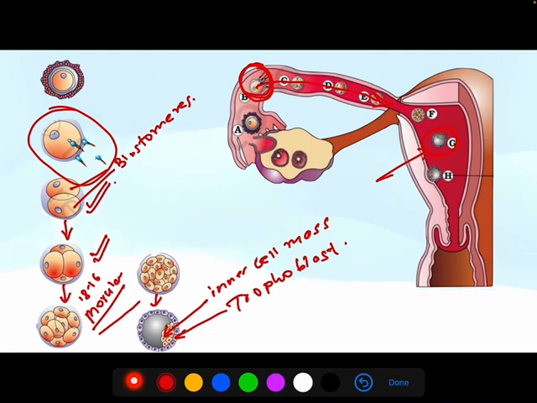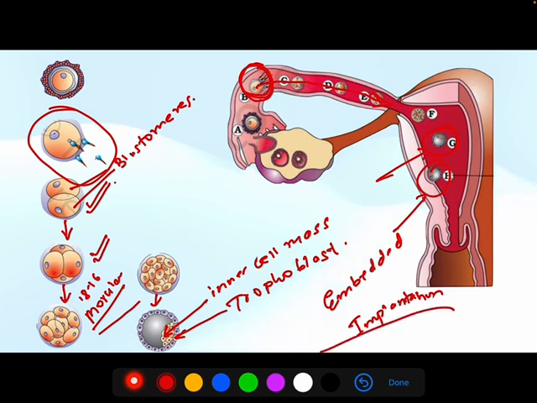Then the blastocyst gets embedded in the uterine tissue, and this is called implantation. Once this is embedded, the uterine tissue will grow and cover this whole blastocyst. This whole process is called implantation.